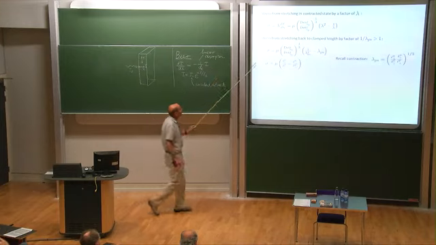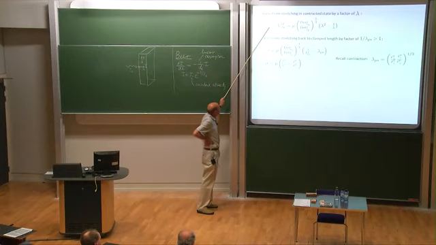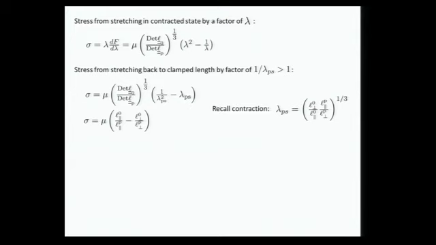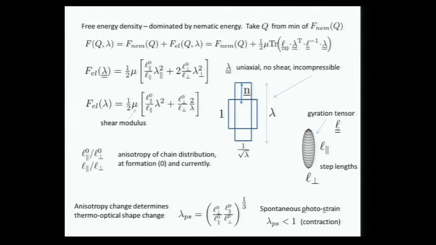The stress, the true stress in this case is just dF by d lambda, that's the free energy density, multiplied by lambda to correct for the fact that the cross-sectional area would be changing. And I'm going to compute the stress in the system that's suffered a photocontraction.